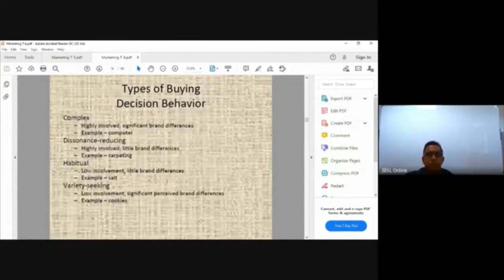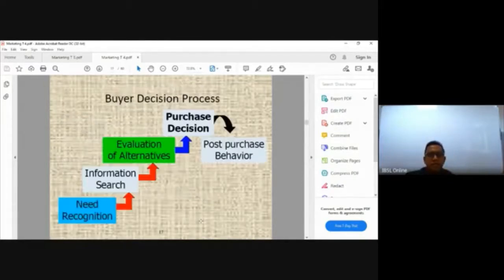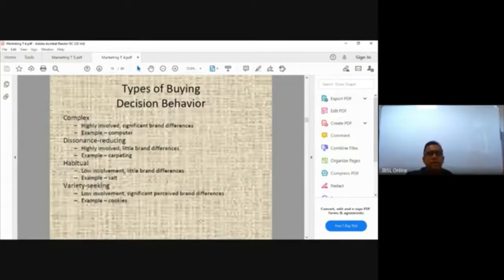Now, buying behavior types. There are different types of buying behavior. First, complex buying behavior. You can't just buy certain things; you have to do some sort of study.